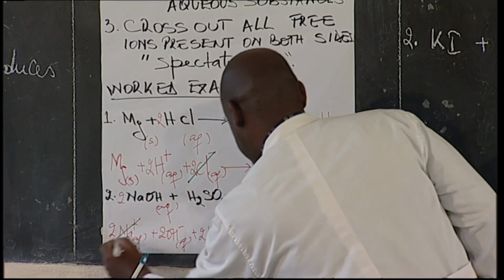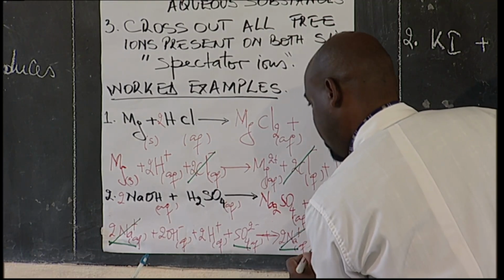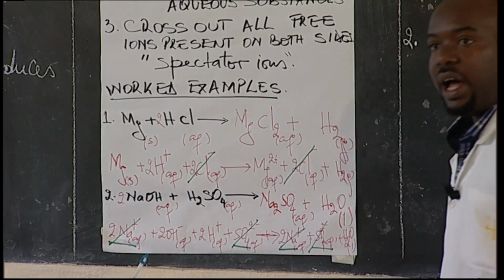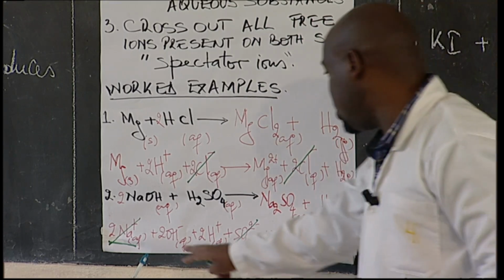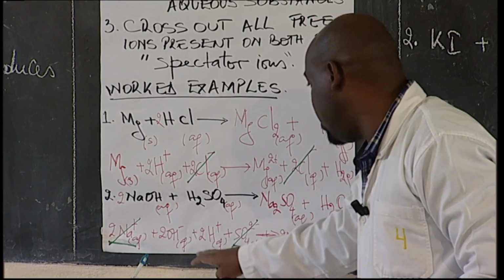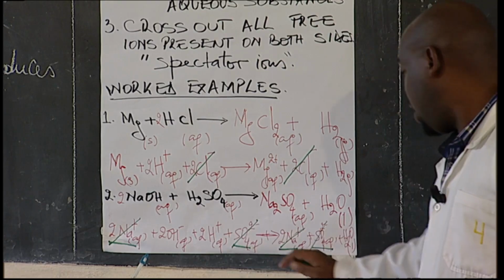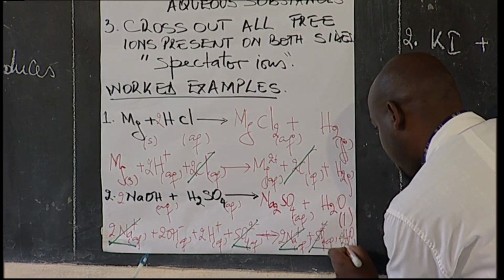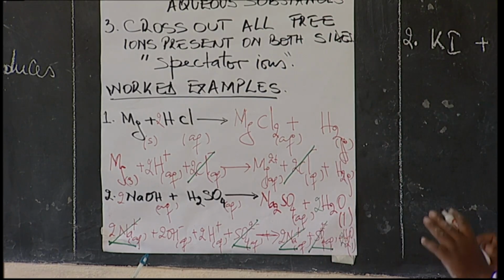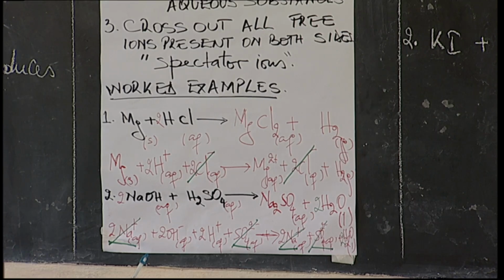So we cross out sodium and sodium, the sulfate ion and the sulfate ion, and our ionic equation becomes 2 hydroxide ions plus 2 H plus to produce 2 H2O. And that is our ionic equation.